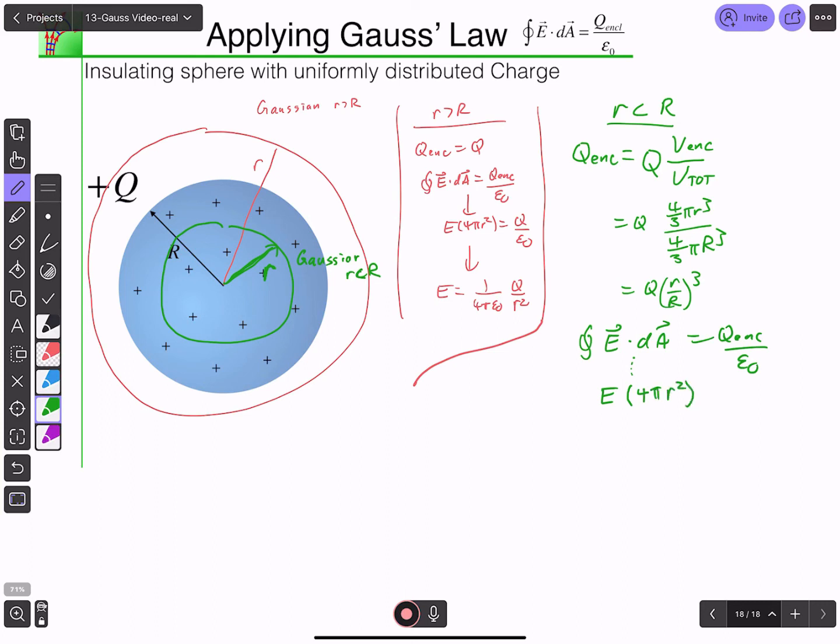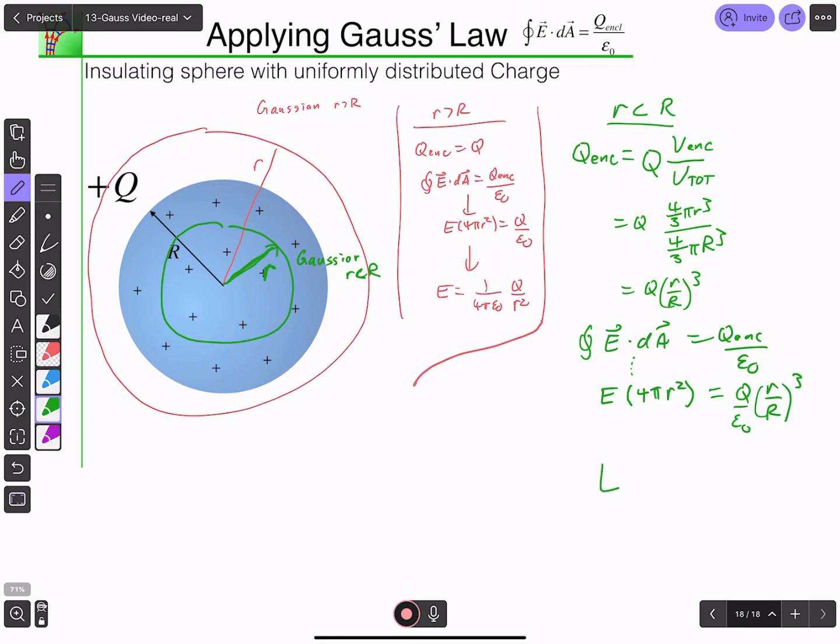The area is 4 pi r squared, because the electric field is constant everywhere along the surface and the area vector is parallel to it, so it's just E times A. Q enclosed is now Q r cubed over R cubed, over epsilon naught.